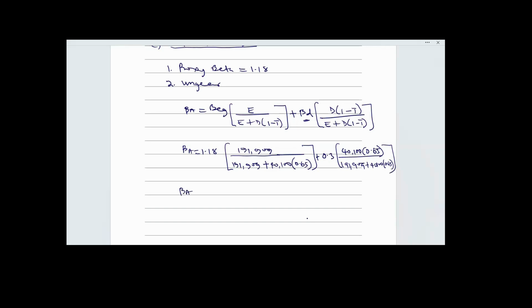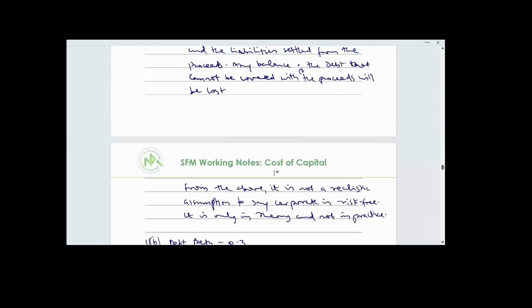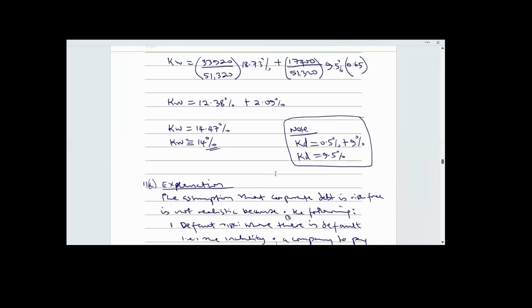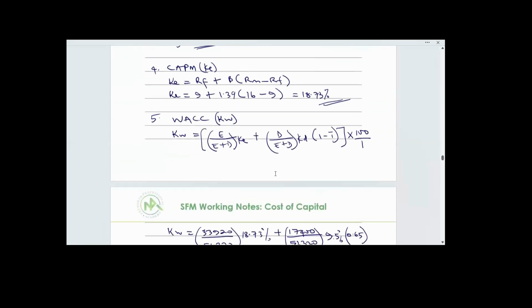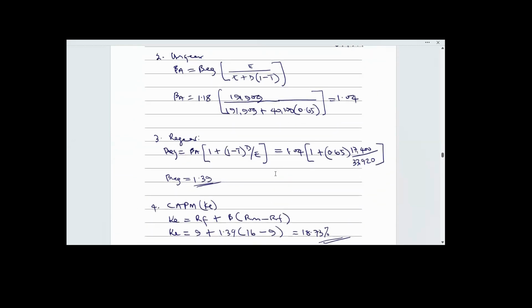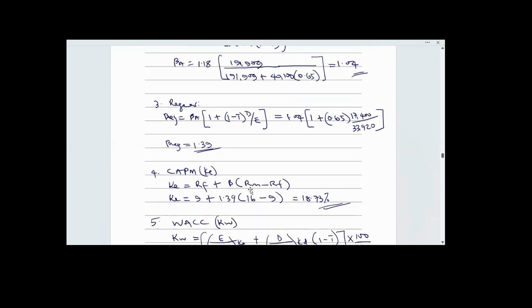So beta assets equal to, for the left side, I think we have done it before, 1.04. We got 1.04 before.